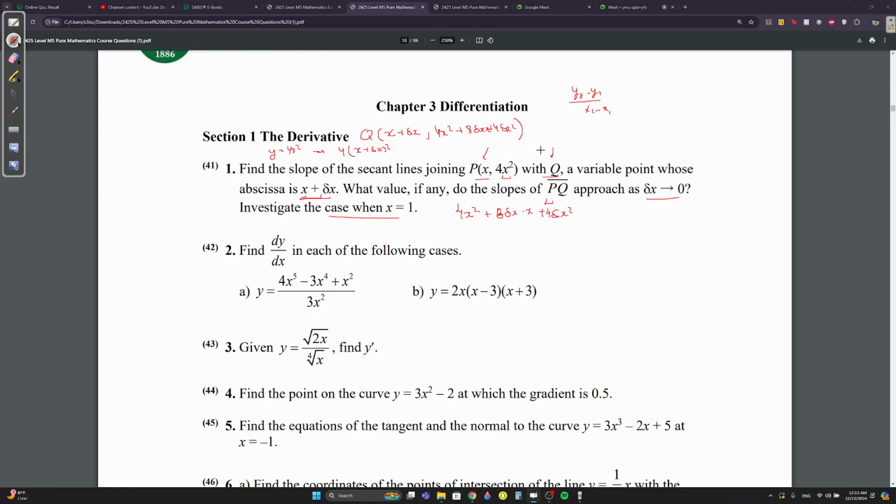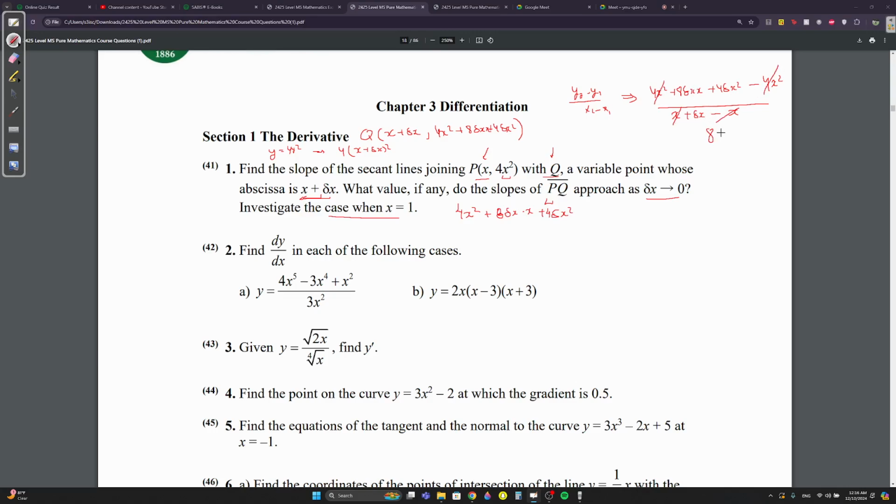Okay, now we can do y2 minus y1 over x2 minus x1. y2 is this one minus this one. So 4x squared plus 8x delta x plus 4 delta x squared minus y1, which is 4x squared, over x2 minus x1, x plus delta x minus x. Let's see, 4x squared with 4x squared, x minus x.